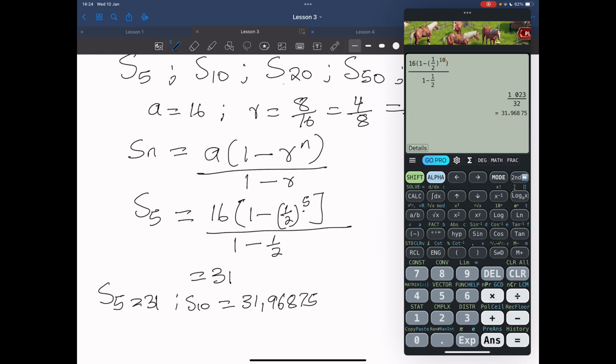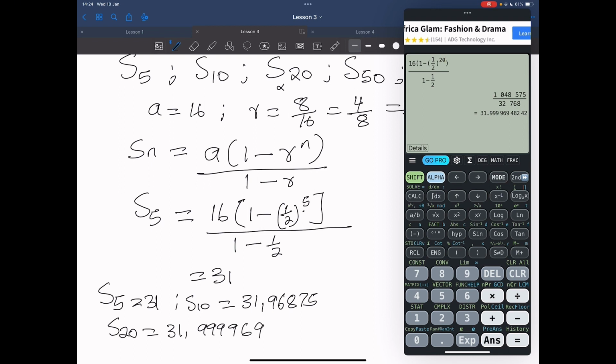Now we want sum 20. Sum 20, so we'll just substitute that 10 with a 20. Right, so if you can see, sum 20 is giving us 31.9999. Okay, and there's a 6 and a 9. Now let's go to sum 50.